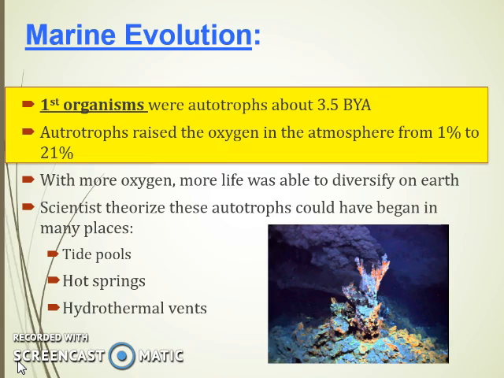This increase of oxygen allowed more life and allowed it to diversify on Earth. Scientists also have a theory that these autotrophs could have begun in many places.